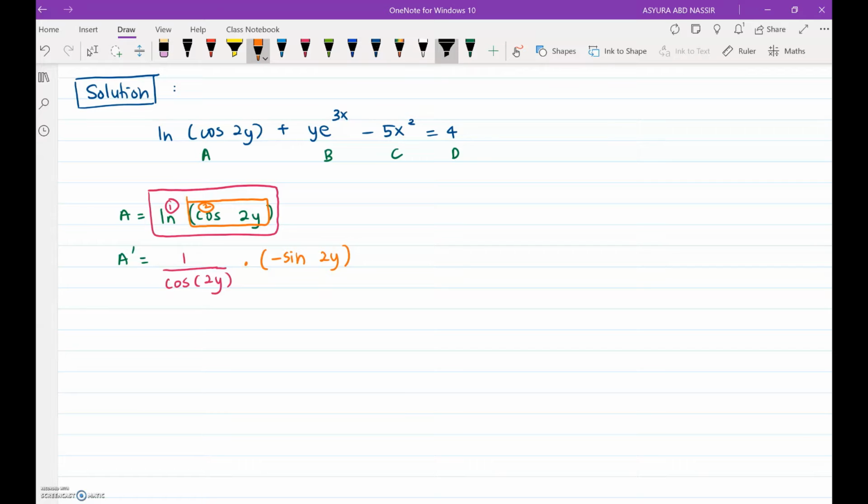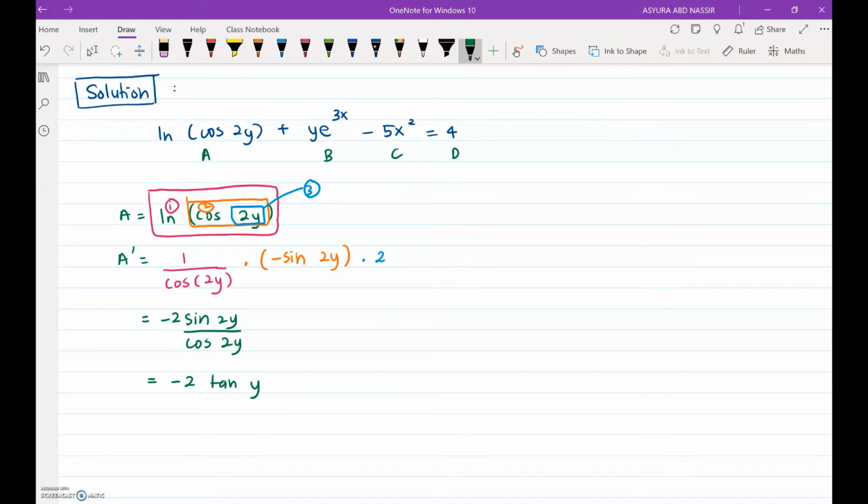Next, differentiate inside your cos, differentiate 2y, and you will get times 2. So A prime is negative 2 sine 2y over cos 2y. Sine over cos is tangent, so you can write it as negative 2 tangent y.